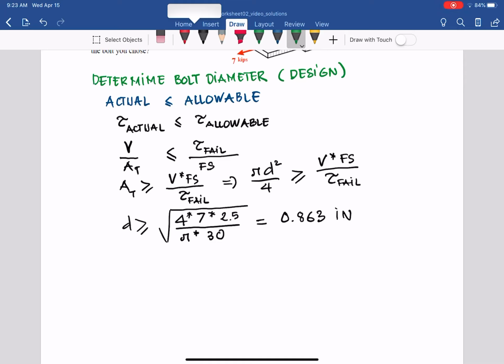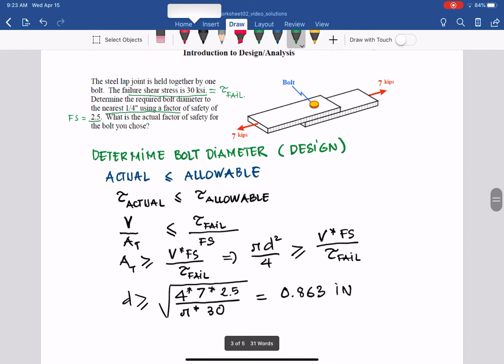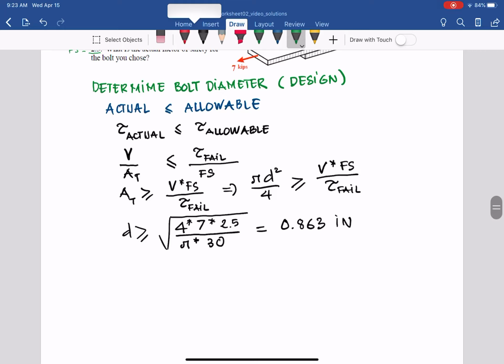If the increment is 1/4, then 0.863 inches is somewhere greater than 3/4 inches and less than 1 inch.